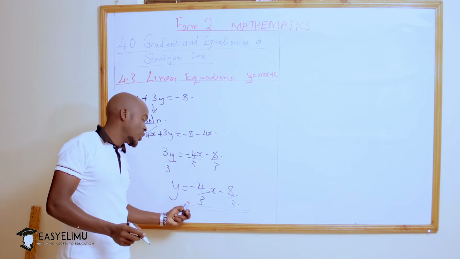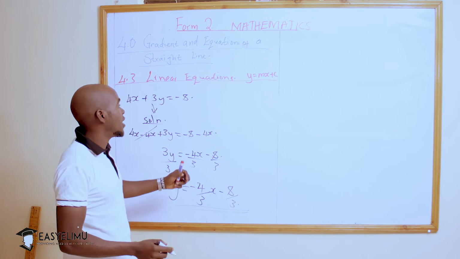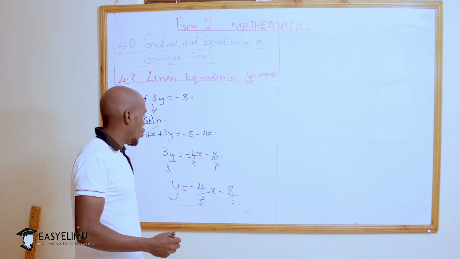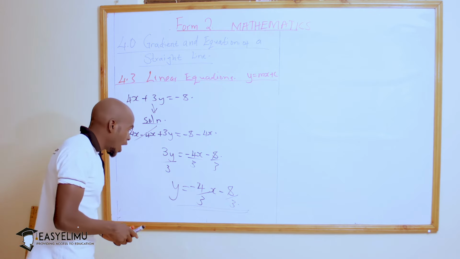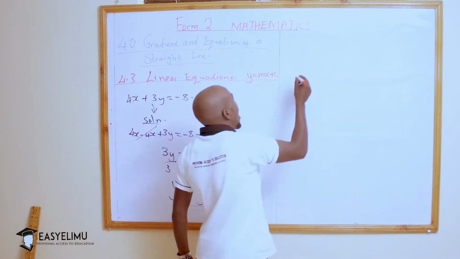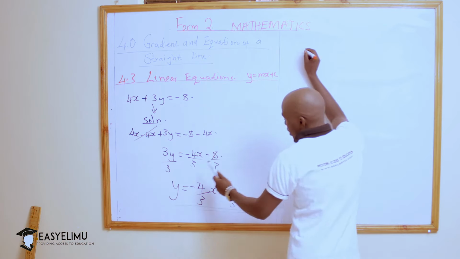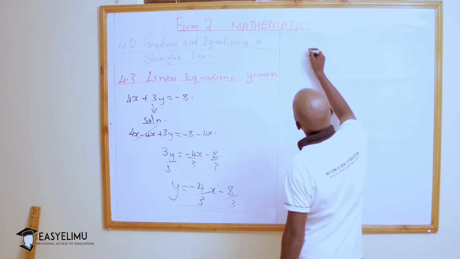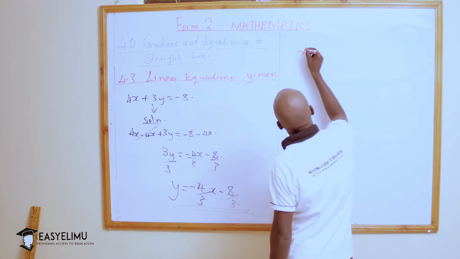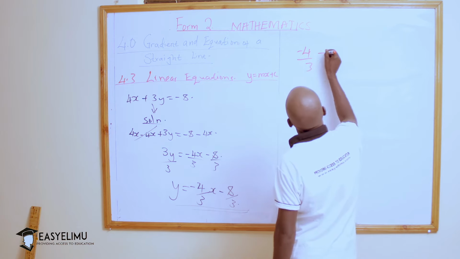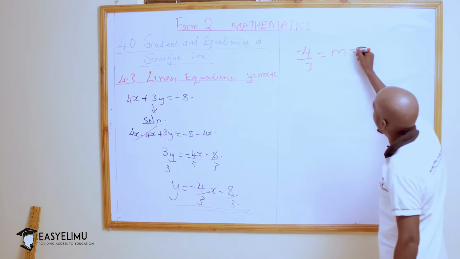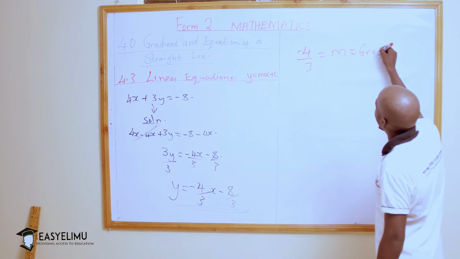So this equation is in the form y equals mx plus c, whereby negative 4 over 3 is what I am referring to as m, and that is our gradient.